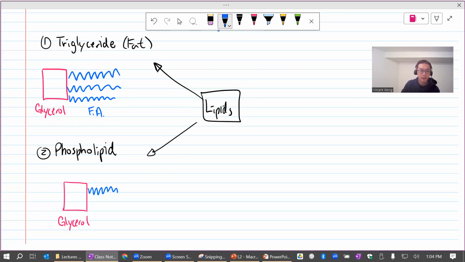We need to have fatty acids, but only 2 of them. The triglyceride needs to have 3. And we need a head. This is called a polar head.